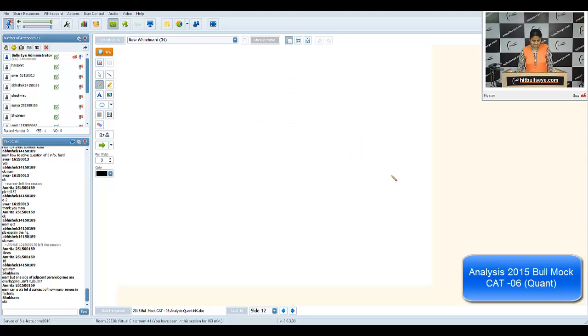Now, Amrita, coming to your doubt. Let my question be, how many zeros are there in 50 factorial? To make a 0 at the end, you need to know how many 10s are there. And to make a 10, you need how many 5s are there, how many 2s are there. Since 5 is a bigger prime, the number of 5s will be less.